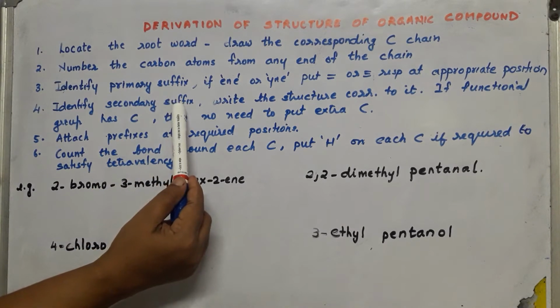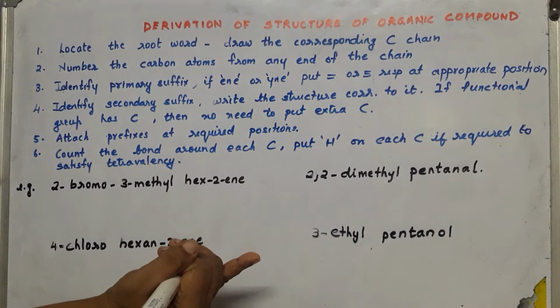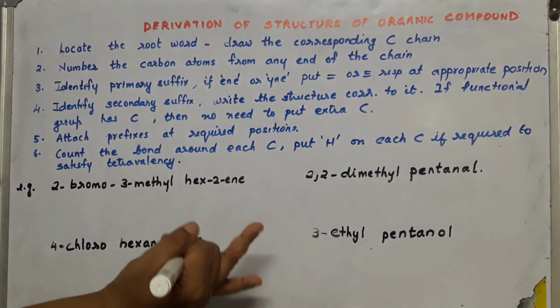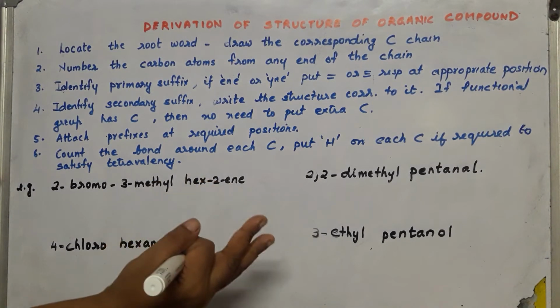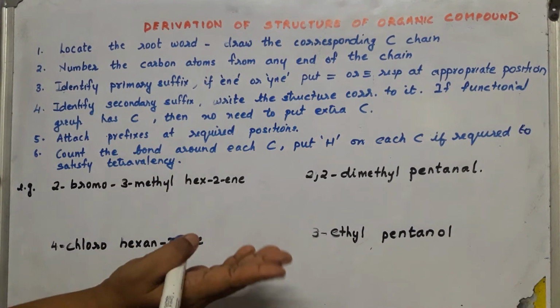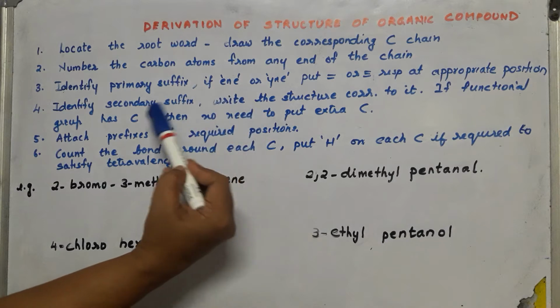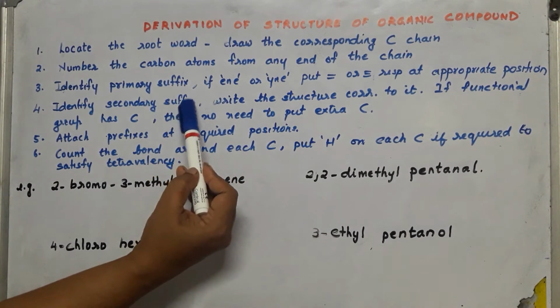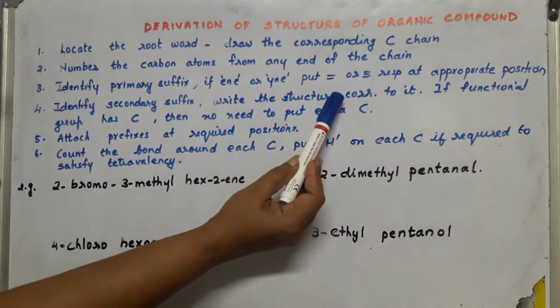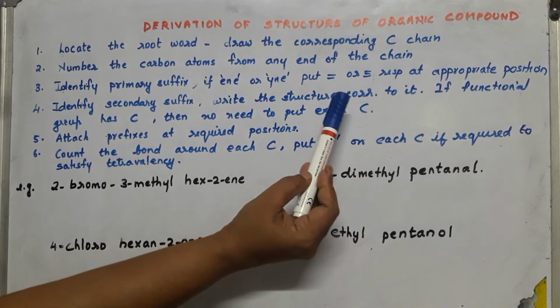Okay, secondary suffix, we saw that it can be ol, it can be aldehyde al or ketone one, oic acid, and so on. According to that you have to identify the secondary suffix and write the structure corresponding to the name of the secondary suffix.